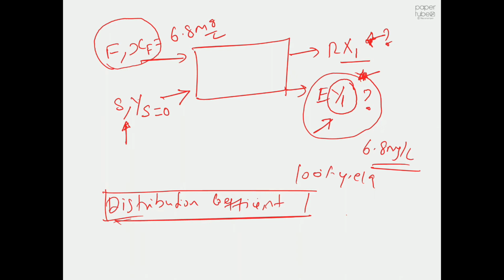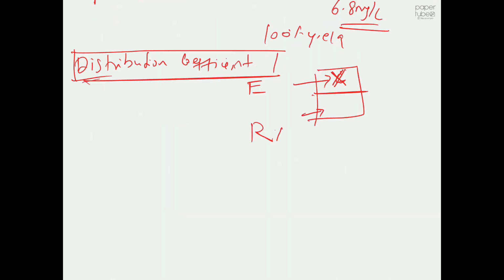So what is this distribution coefficient about? We know how to perform a liquid extraction, and we know that at the end we reach an equilibrium, and then we will have extract and raffinate. At the end of your experiment, let's call the top one extract and the bottom one raffinate.